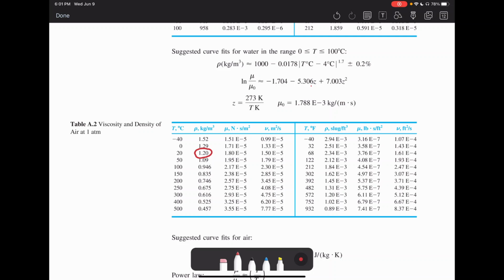And we could have used this table too with 1.5 times 10 to the minus 5. There's very little difference between 1.49 and 1.5, but we could have used this table that has a little bit more information on air, and it's not dry air. That's why there's a slight difference in values. So you could have used 1.5 or 1.49. It's not a big difference, okay? So we have 1.2 for the density, in kilograms per meter cubed.